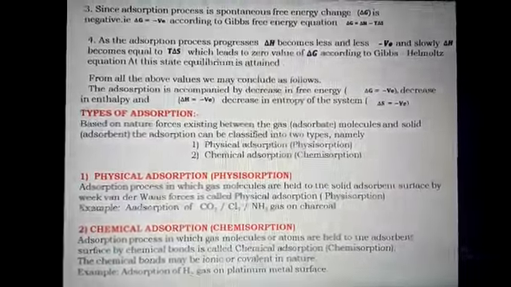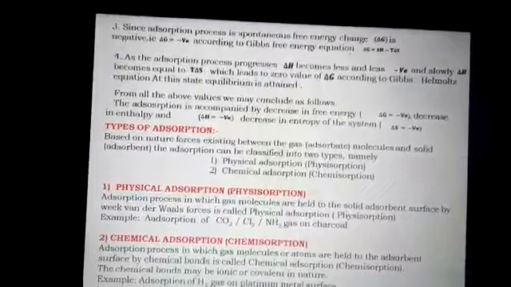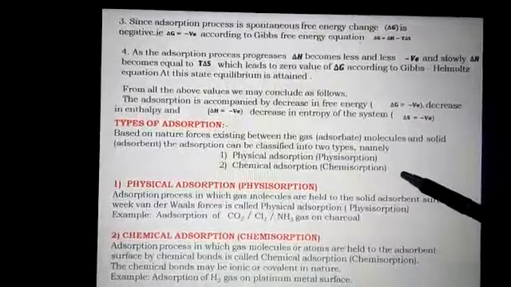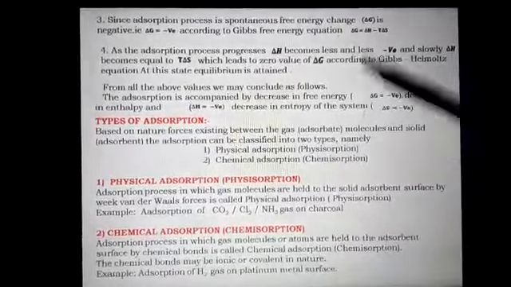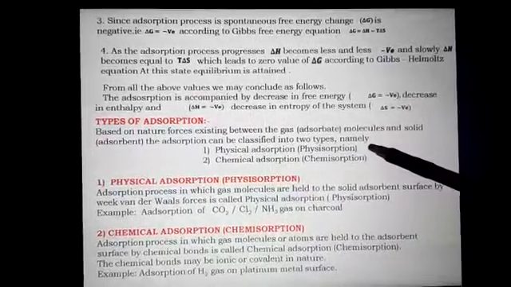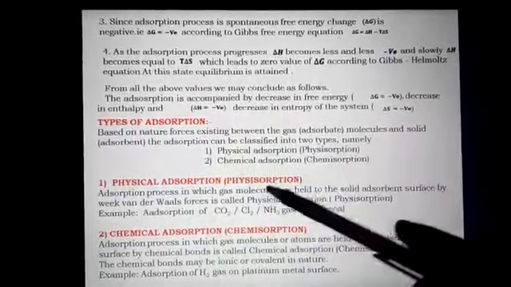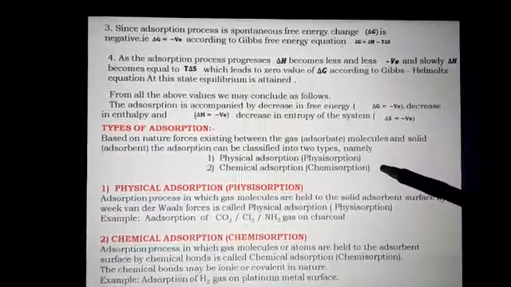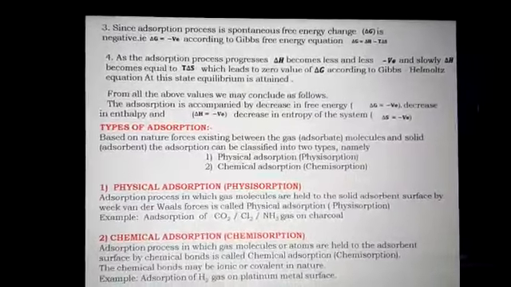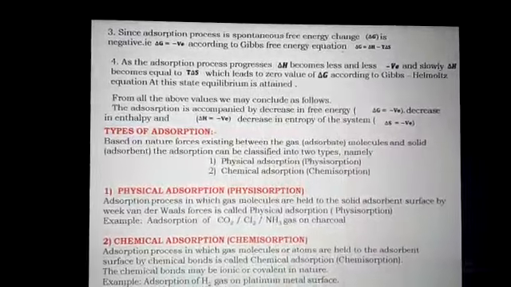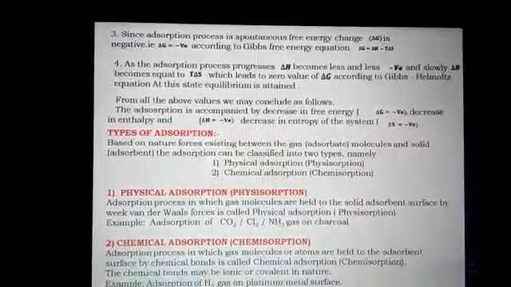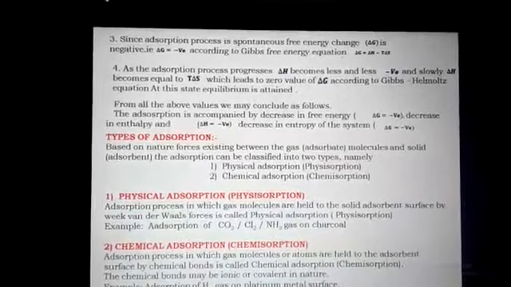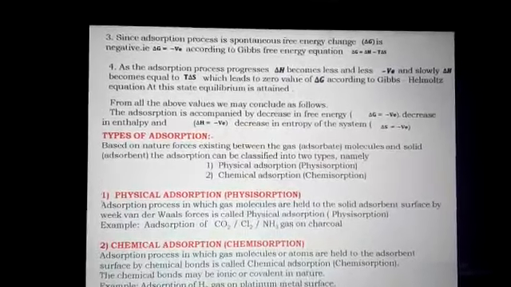The first is physical adsorption and the next is chemical adsorption. Physical adsorption is also called physisorption, and chemical adsorption is also called chemisorption. This is the classification based on the force existing between the gas adsorbate molecules and the solid adsorbent.